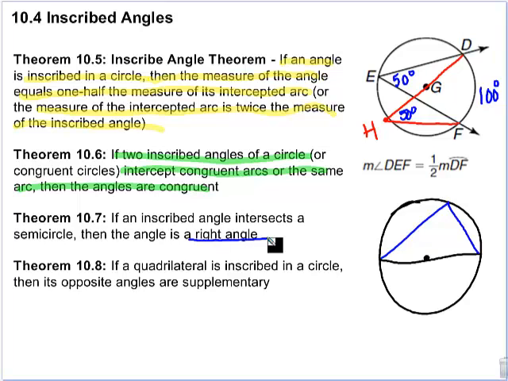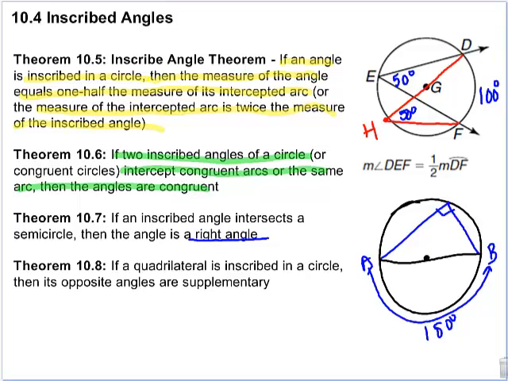What would be the measurement of that semicircle? 180. So then the angle would have to be half of that. Well, what's half of 180? 90. So that ends up being a right angle. Okay? Which then gives us a right triangle inside of the circle. So there are probably going to be questions that involve you solving that right triangle.